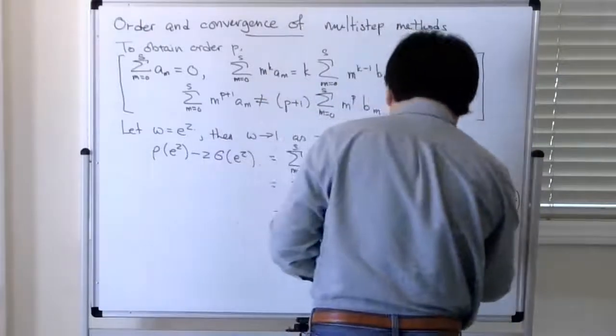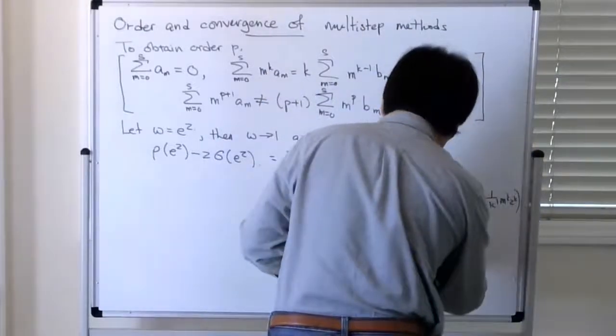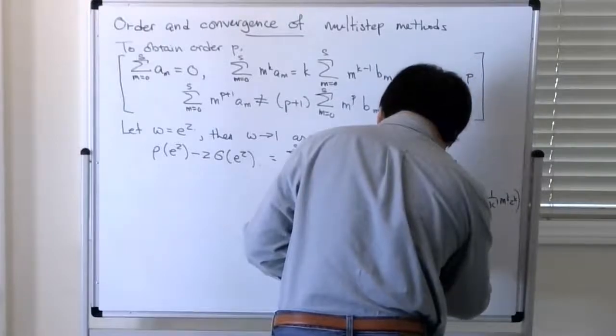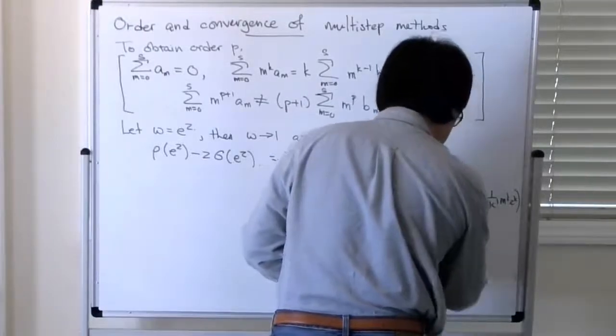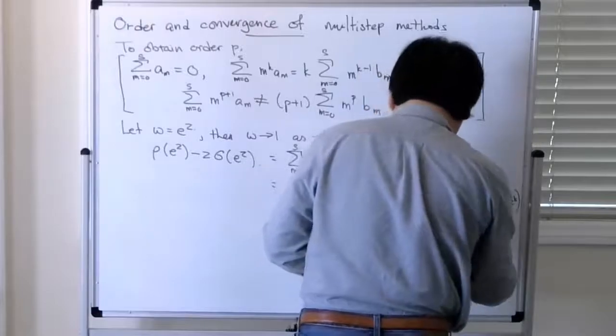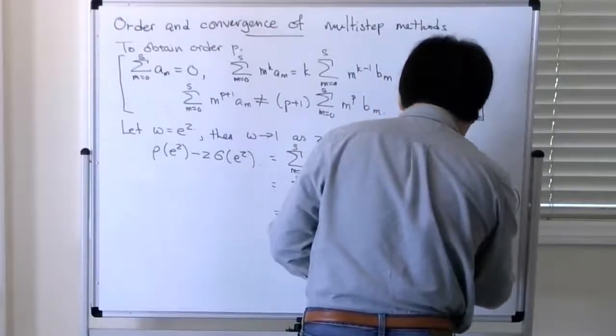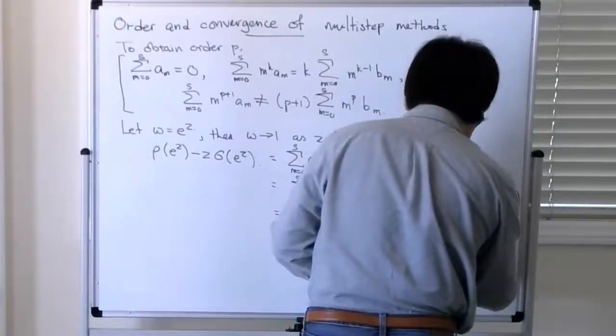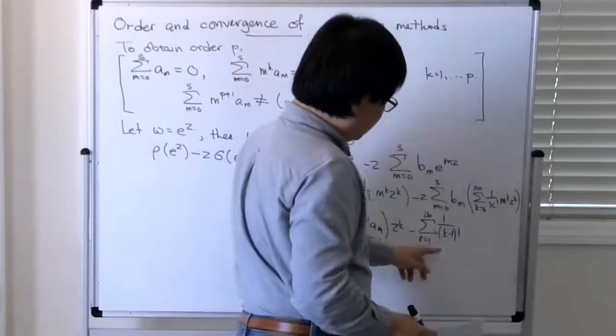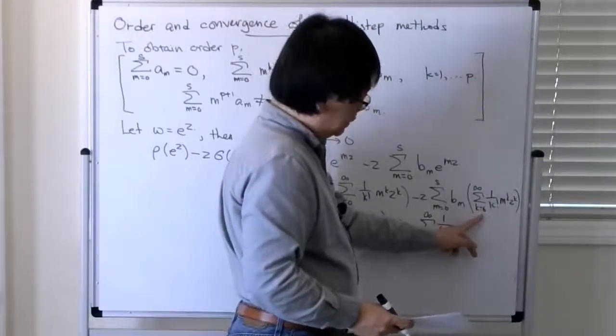Then minus the sum from k equals 1 to infinity of 1 over (k minus 1) factorial. Here I'm just reindexing the sum.